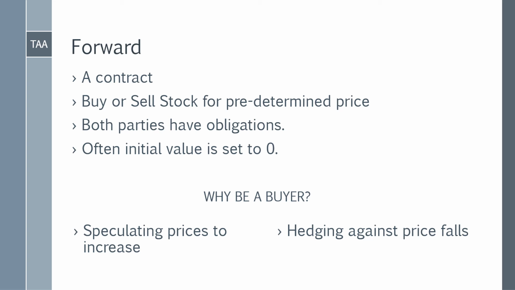So there's no rights, there's no choices. It's just something that will happen in the future. Often these initial values are set to 0. So it's just a contract between the two. And why would you have a forward in the first place? Well, one party would be speculating prices to increase, while the other would be hedging against price falls.